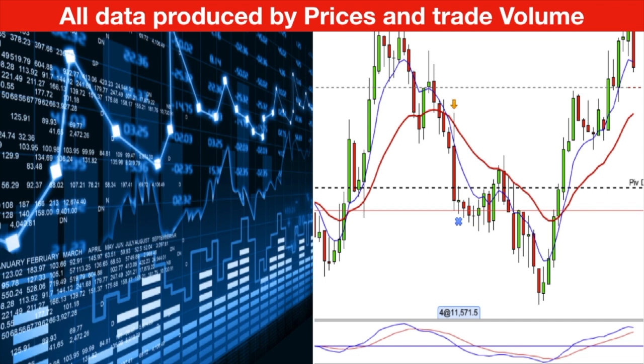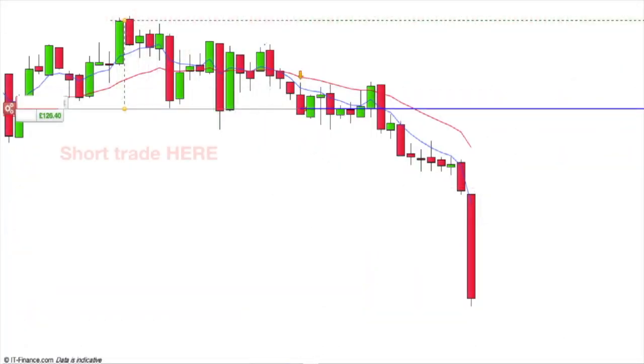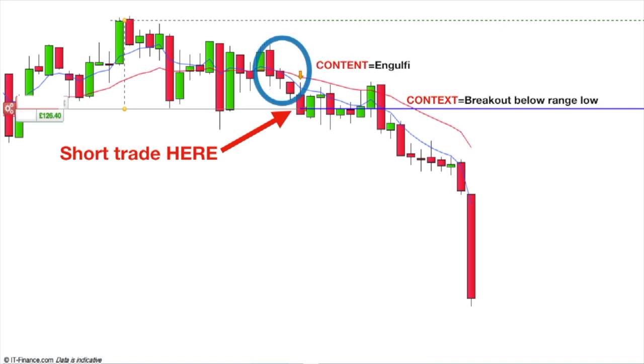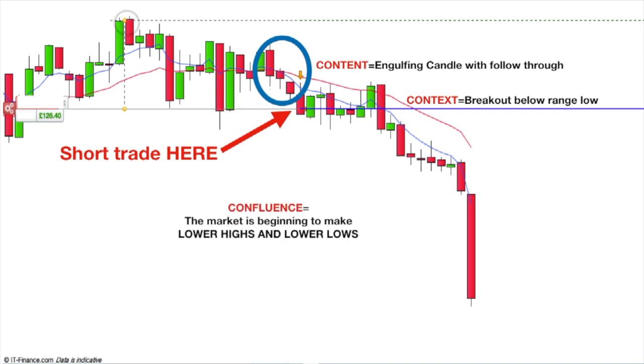And when several factors all say the same thing on a trading chart, then you can say that you've got confluence for your trade. So your trades must have context, they must have content, and they must have confluence to be effective within a profitable trading strategy.